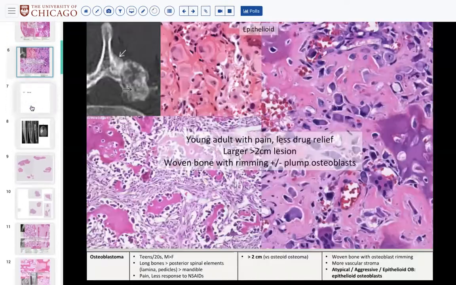Your differential diagnosis of an immature bone forming lesion that is benign might be an osteoblastoma, in which case the clinical presentation is somewhat different. The lesion is larger. The location tends to be a little bit different as well, although it can also occur in the long bones. Osteoblastomas also like to occur in the vertebral bodies.